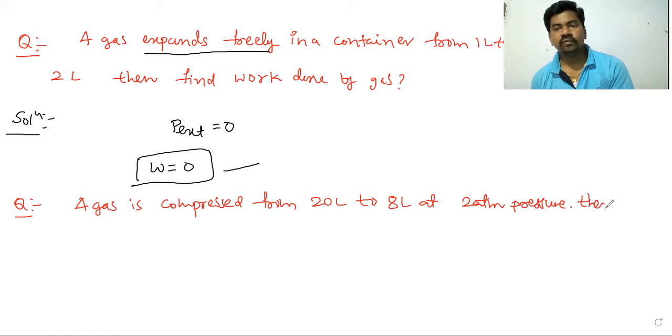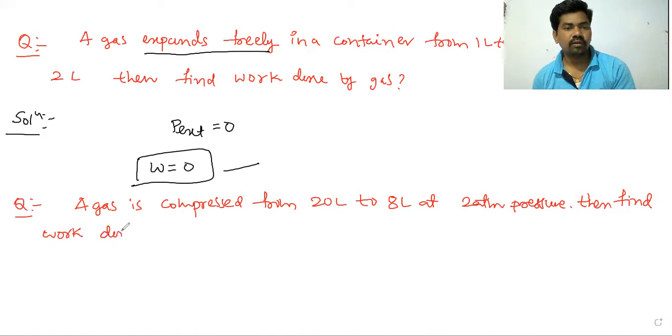Then find the work done. So what is the work done formula? The gas is compressing from a large volume to a smaller volume at 2 atmospheric pressure. The work done formula, W is equal to minus P external into delta V.